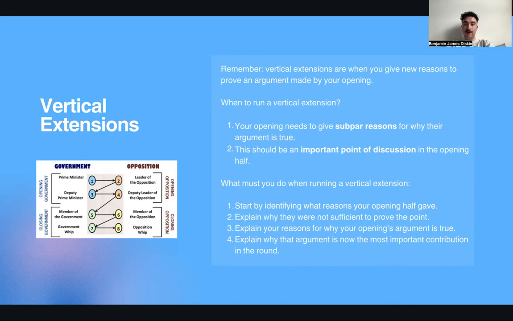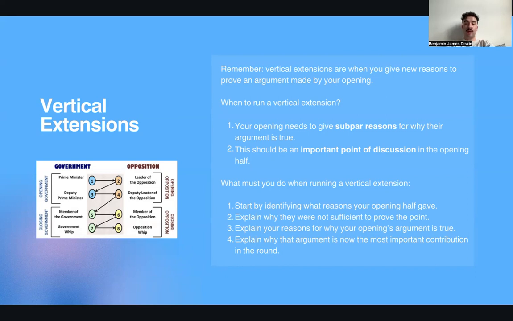And you cannot do this, as we have discussed, by directly rebutting your opening. So closing government could not get up and say opening government provided 2 reasons. Here is new rebuttal as to why they are wrong. That would be illegitimate, as it would be a knife.